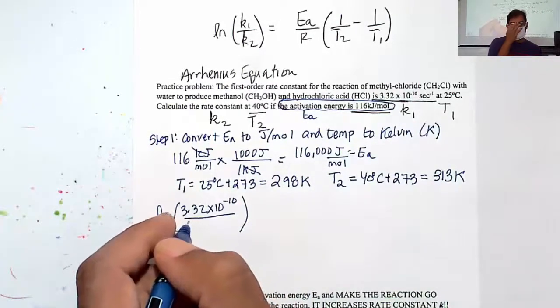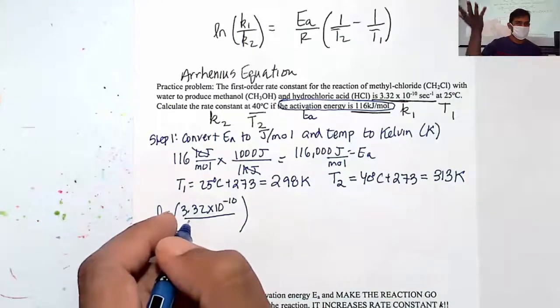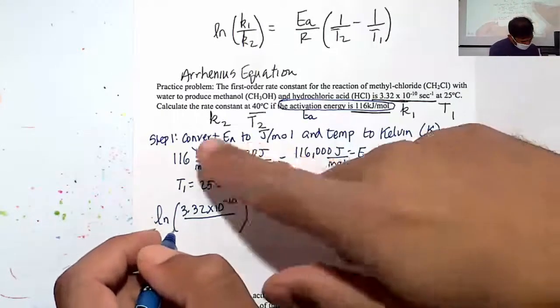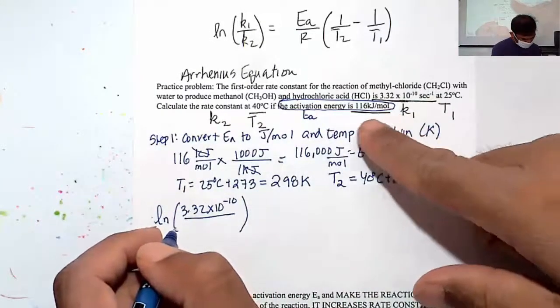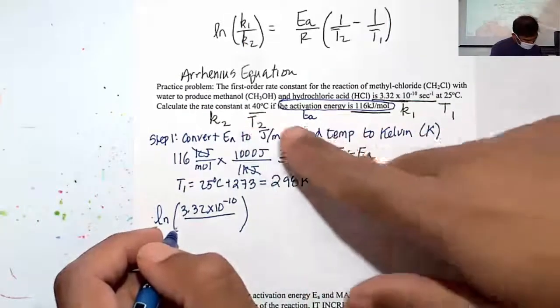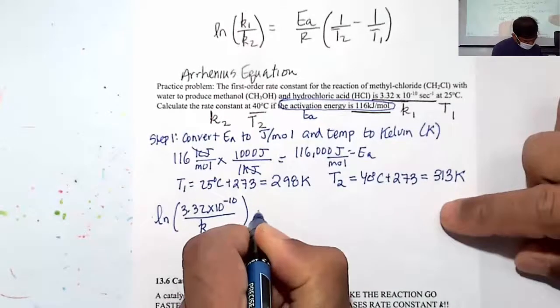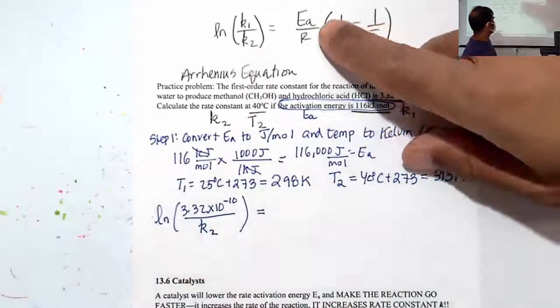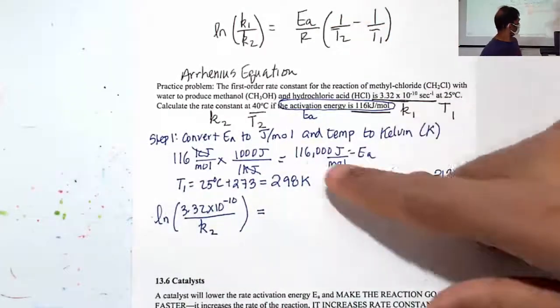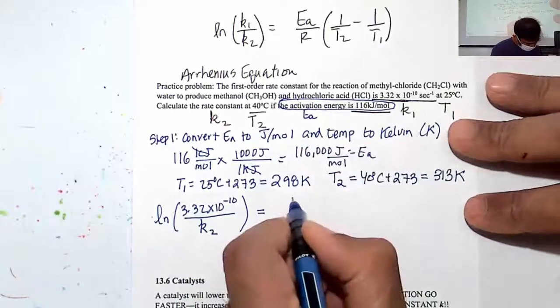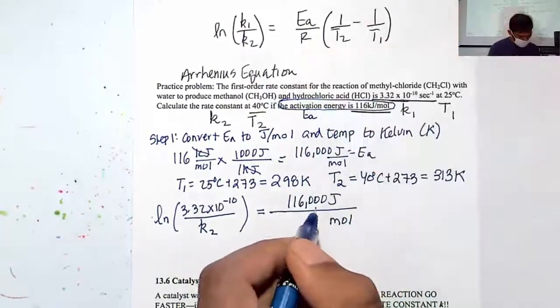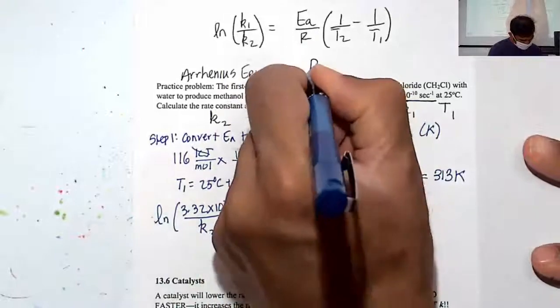Mathematically, you're not allowed to put units inside the natural log. Add them at the end. K2 is what we're trying to solve for. That's going to equal EA, so let's put EA here as 116,000 joules over mole, times R. I'll give you R, so don't memorize it.